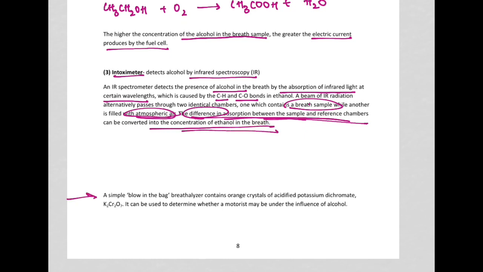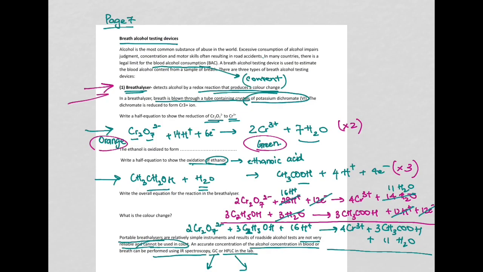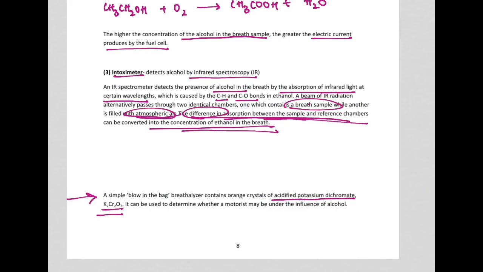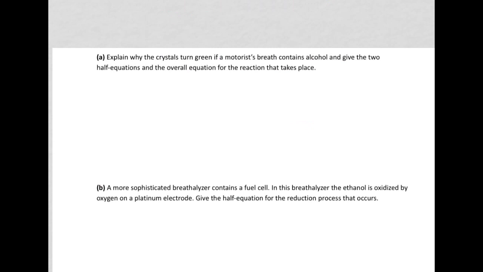So this one is part of a question. So you have the acidified potassium dichromate. So this is the redox breathalyzer here. And part 1 says, explain why the crystals turn green if there is alcohol in the breath, and give the 2 half equations and the overall equation.